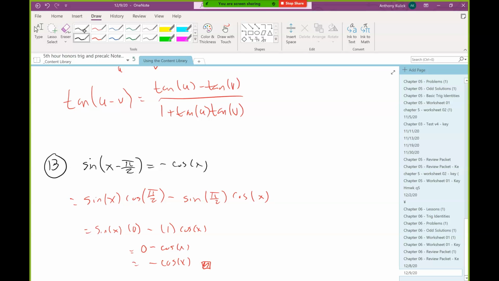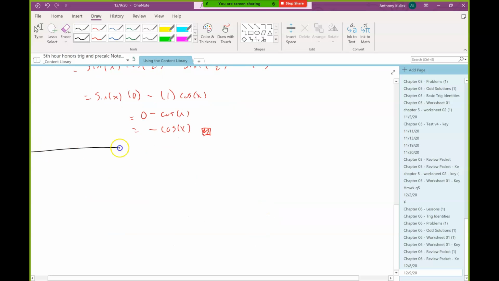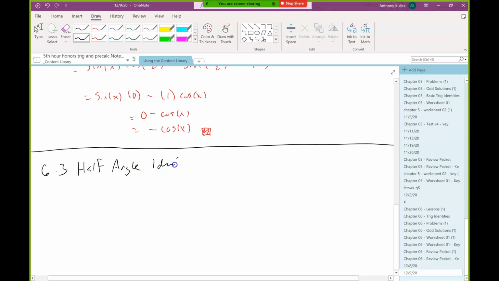All right. So today then, we'll start by continuing in chapter 6, talking about half-angle identities. I'll derive the first of these half-angle identities, but after that they're basically all the same.